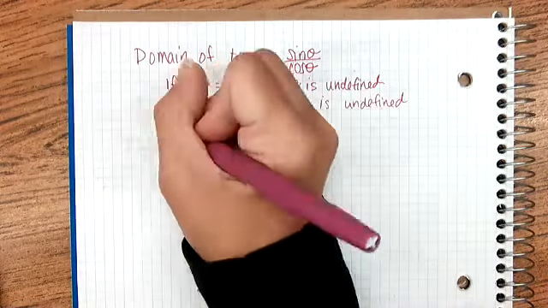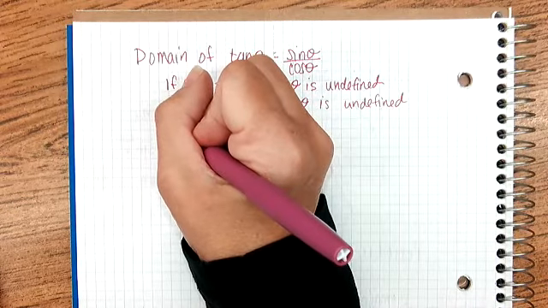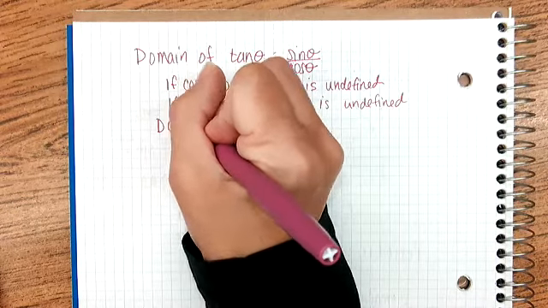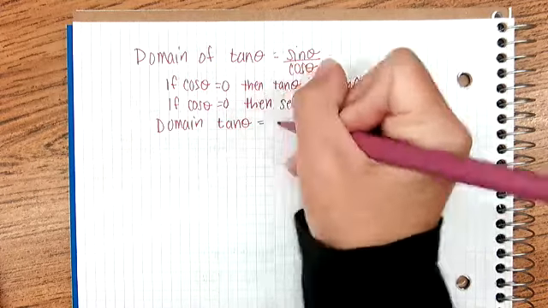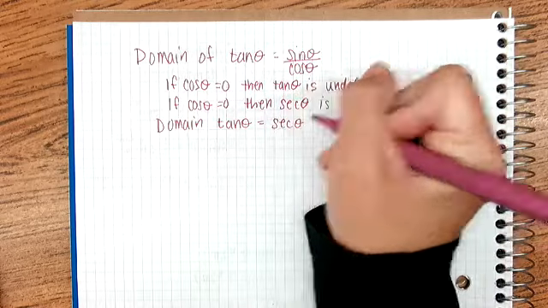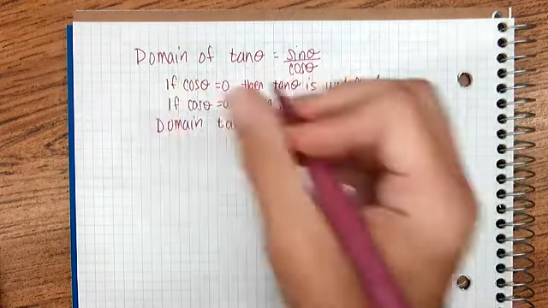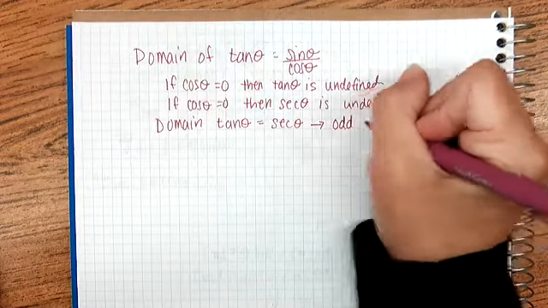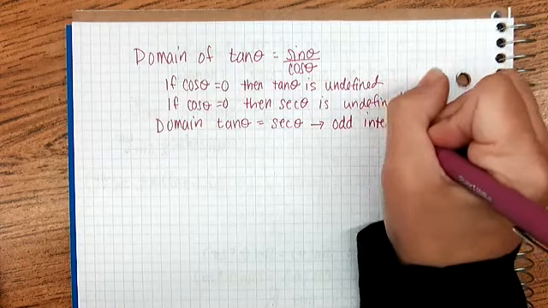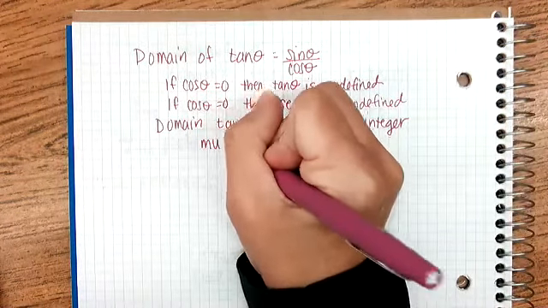So the domain of tangent is the same as the domain of secant, and that is odd integer multiples of pi over 2.